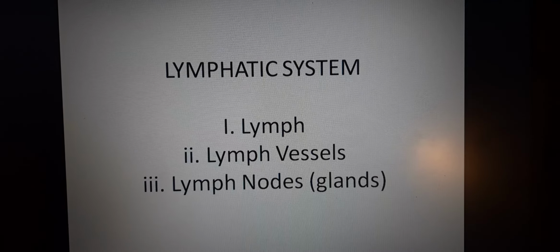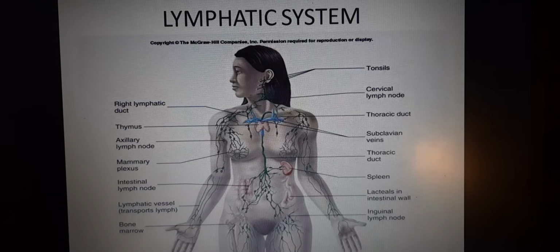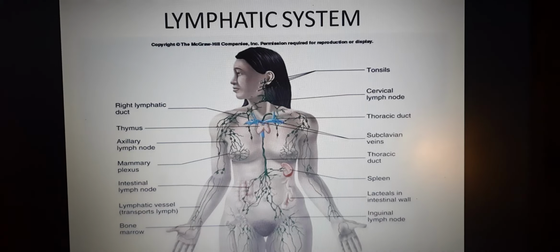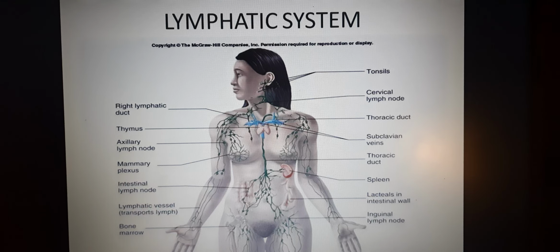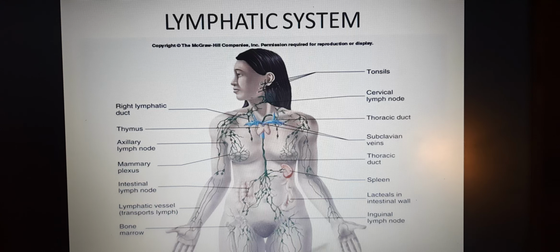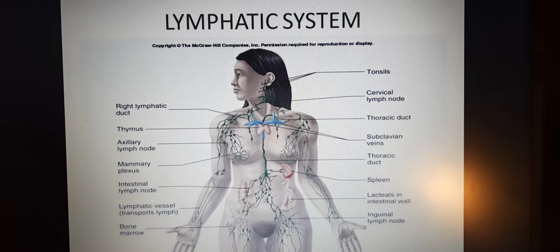Next, about the lymphatic system. The lymphatic system is mainly made up of lymph, lymph vessels and lymph nodes. What are the things present in the lymphatic system? As the blood passes through the capillaries in tissues, some water and soluble substances are filtered out from plasma into the intercellular spaces to form tissue fluid.